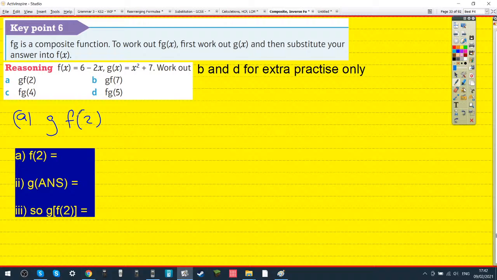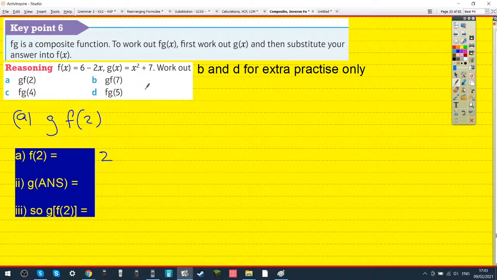No. So your answer was 2. And so you now do the g of that answer, the g of the f of 2. So it would be 2x squared plus 7. Wherever there was an x, it becomes a 2. Yes.